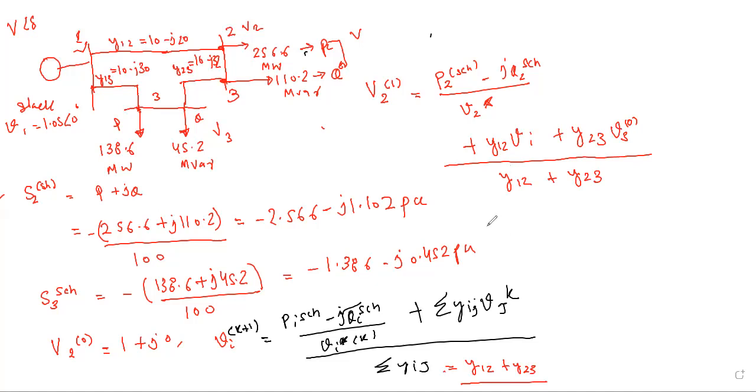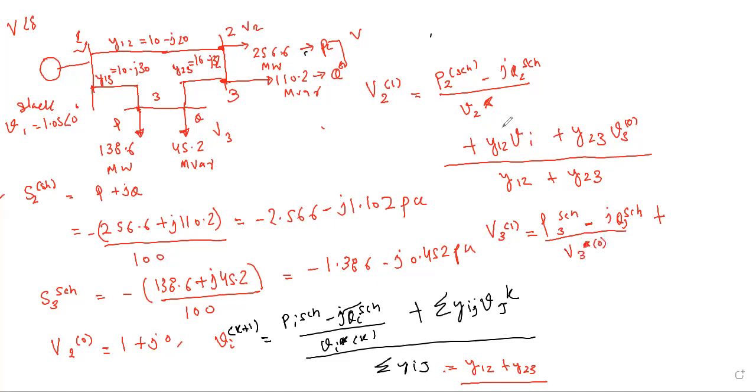Can you tell me now for V3, what would be the V3 1 value? It would be P3 scheduled minus jQ3 scheduled, divided by V3 conjugate, and the initial value you have to take here: V3 conjugate 0.